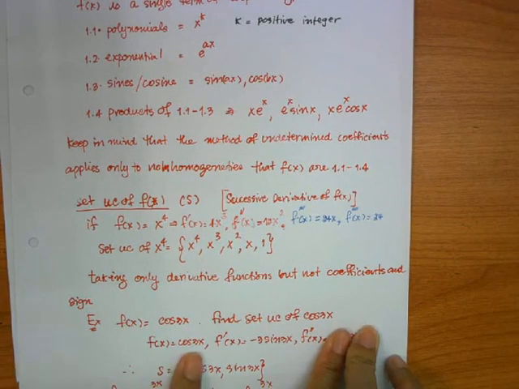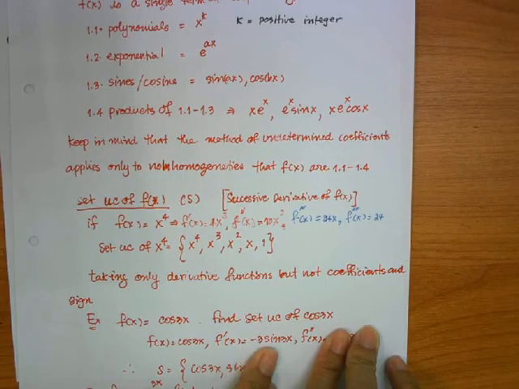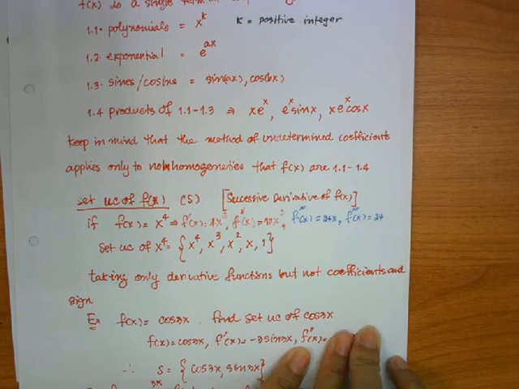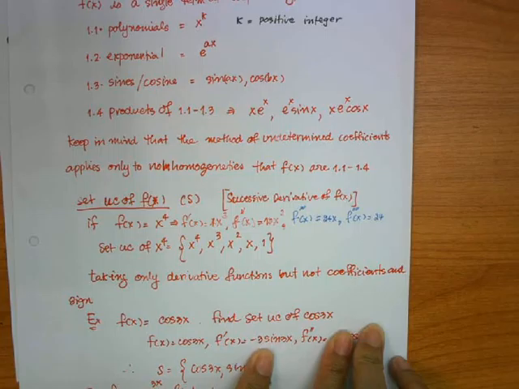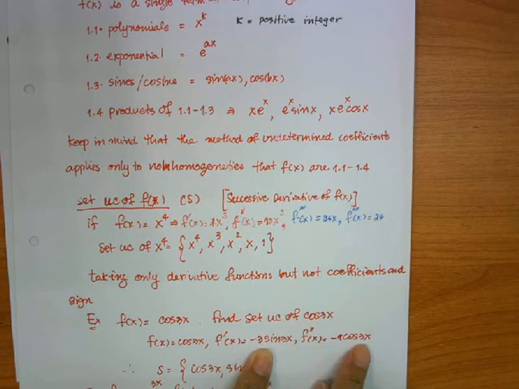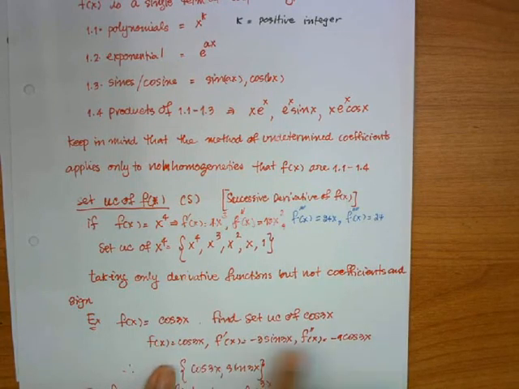The first derivative is minus 3 sine 3x, and the second derivative is minus 9 cos 3x. So you find that the function itself just starts to repeat. Then you don't need to do more differentiation, because the derivative of cos gives sine, and the derivative of sine gives cos. It just started to repeat.